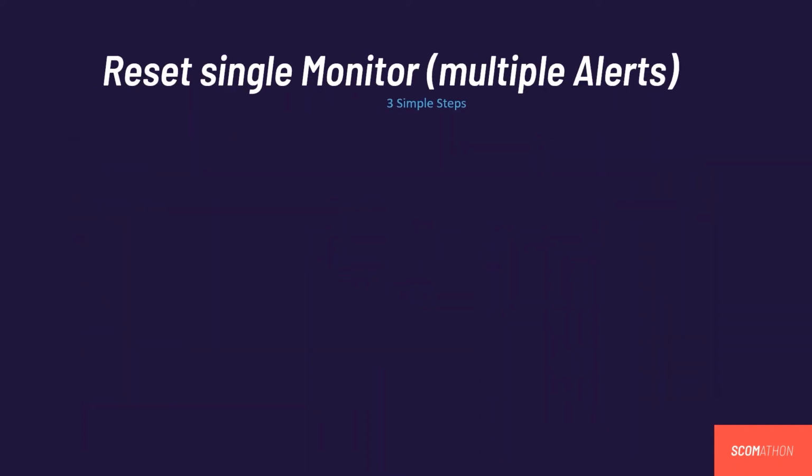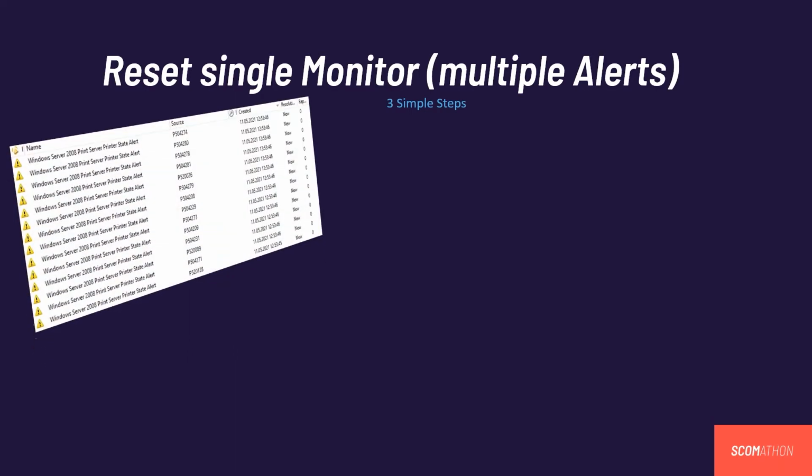So next we are moving to a couple of PowerShell lines which I'm using to reset a single monitor which has alerted many times. The most common use case for this is that I want to make a cleanup. Some of the monitors have an auto close option, some of them not.